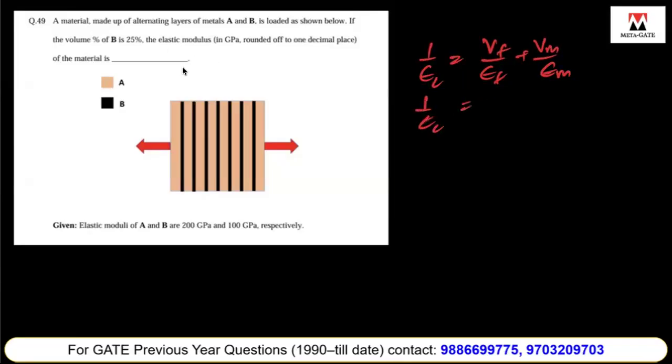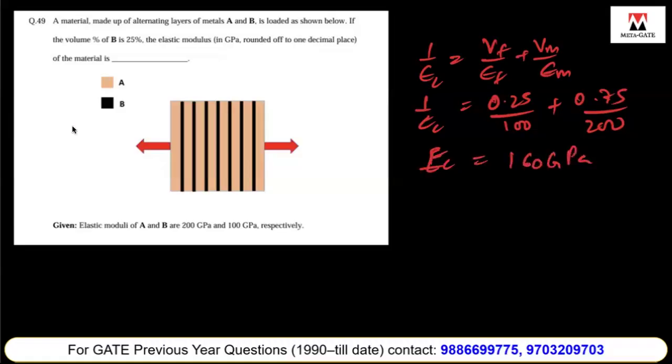VF is the volume fraction of the fiber; here B is the fiber. So 0.25 by EF, which for B is 100, plus 0.75 by 200. It is 160 GPa.